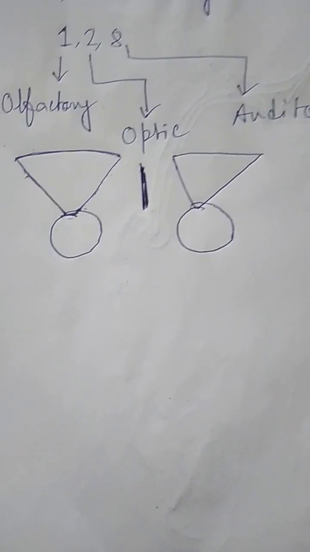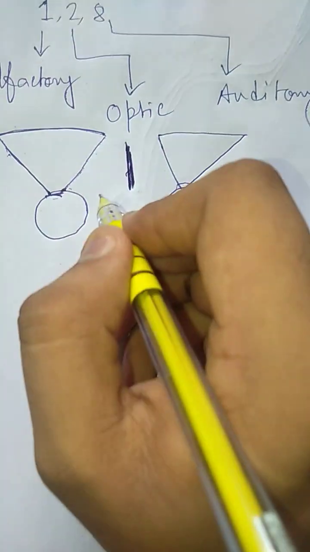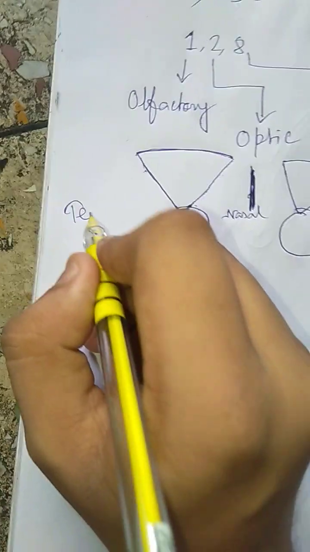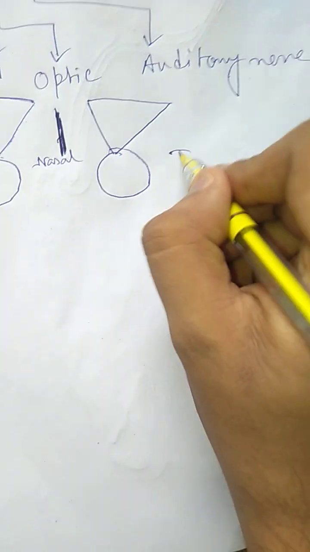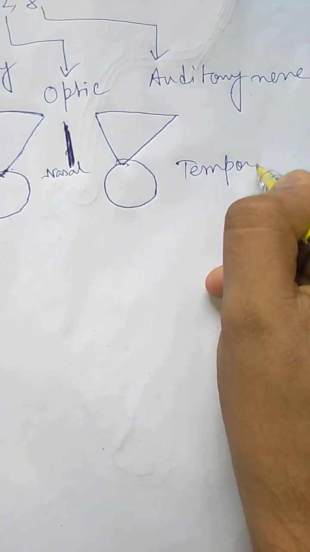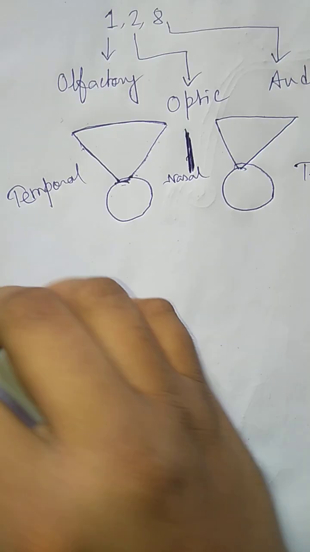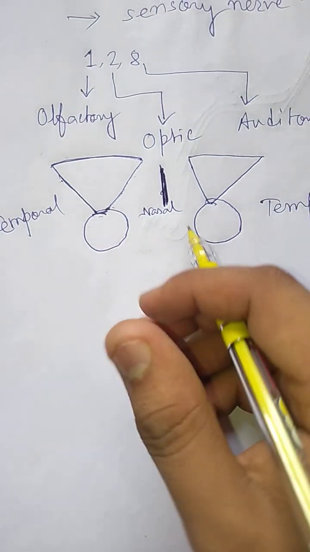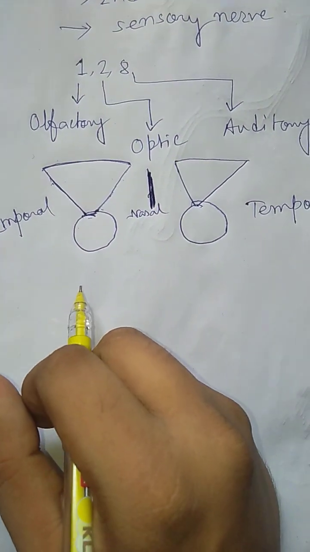Just imagine the nose is present here, so this part is called nasal and this part is called temporal, and this part is also called temporal. Then I am going to tell you the field of view of the nasal and the temporal fibers.